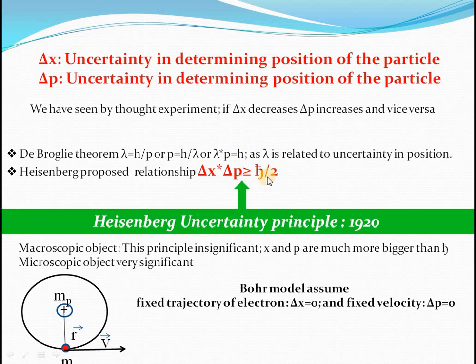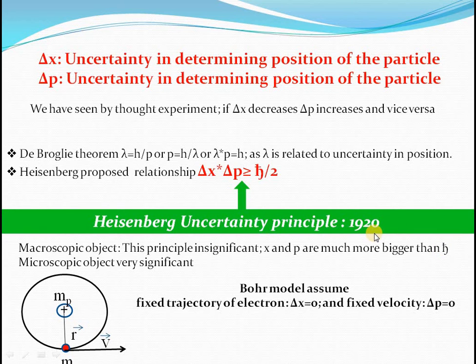So there is always some associated uncertainty in determining the position and momentum of a subatomic particle in quantum mechanics. Now this uncertainty principle is almost insignificant for macroscopic or larger objects, because the x value or p value are obviously very much bigger than the value of h cross. So there is no significance of the Heisenberg uncertainty principle there.